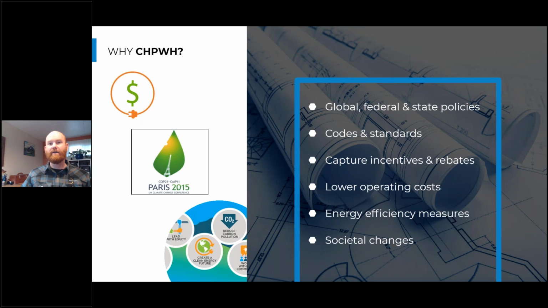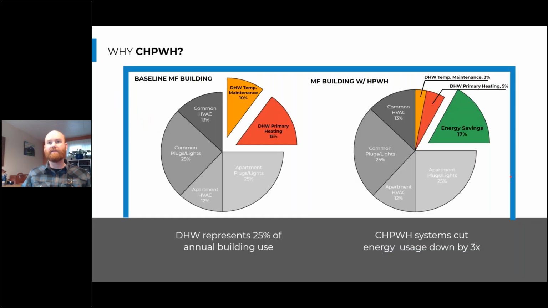And so there's a lot of reasons to move to a cleaner technology that's much more efficient, both in that residential cooking appliance, but also in the water heating system that is somewhere in the building you're working or living in. So there's lots of reasons to implement these heat pump water heating systems. But today we're really focused on commercial multifamily buildings.